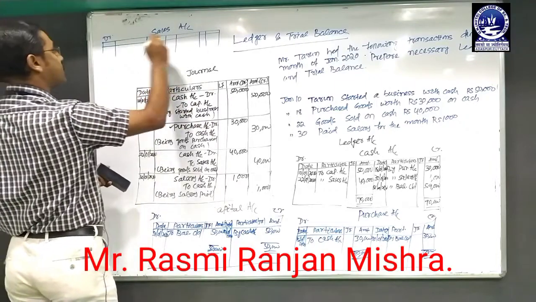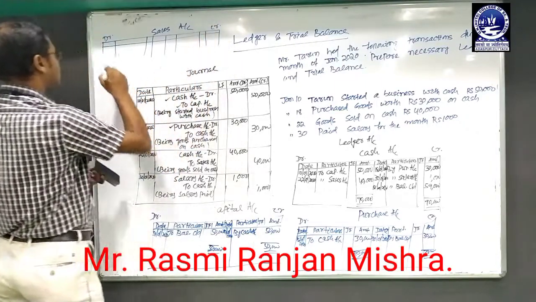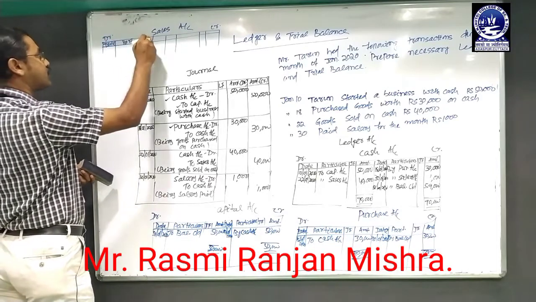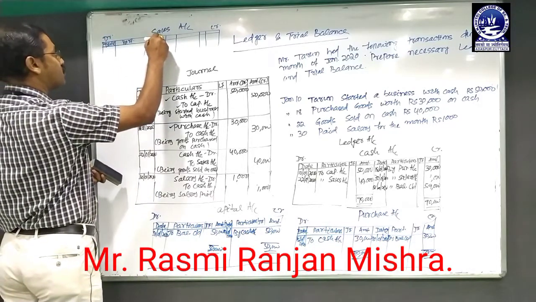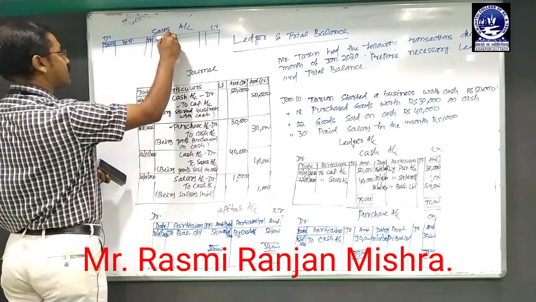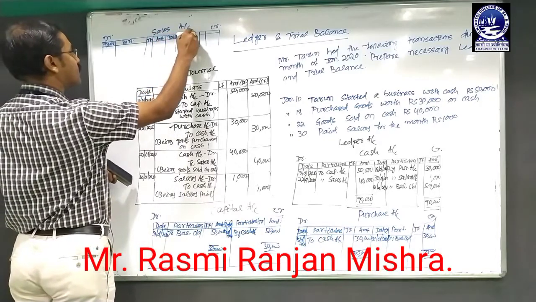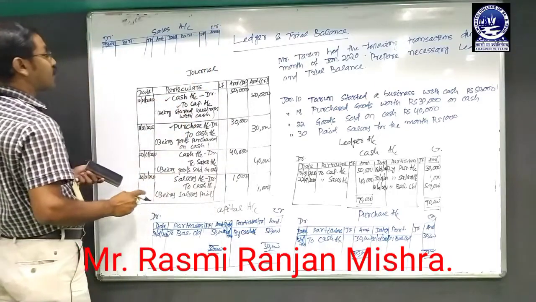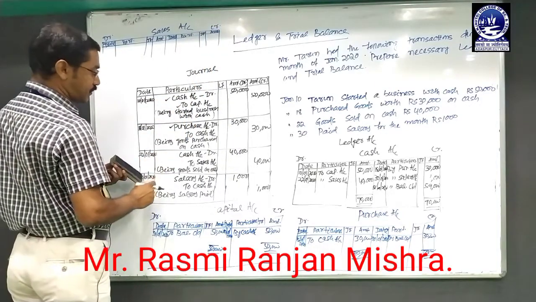This is the debit side, this is the credit side. So date, next is particulars, then journal folio, amount, then date, particulars, journal folio and amount.